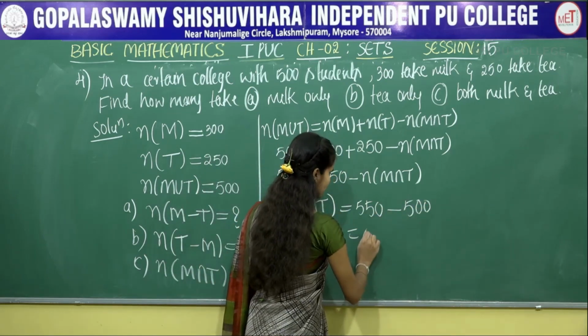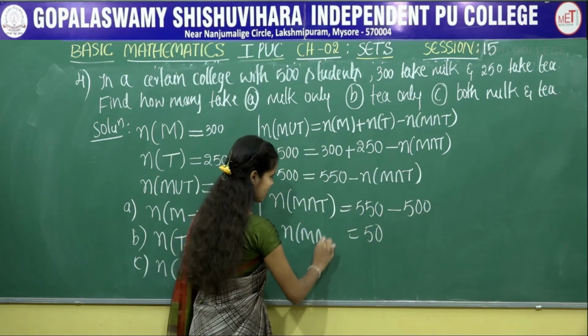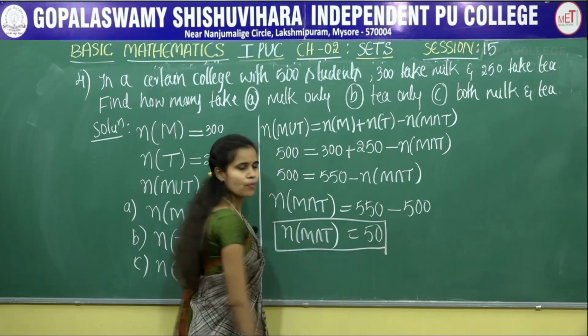So 550 minus 500, 50. Therefore n of M intersection T is equal to 50.